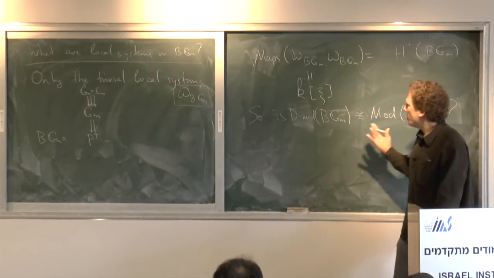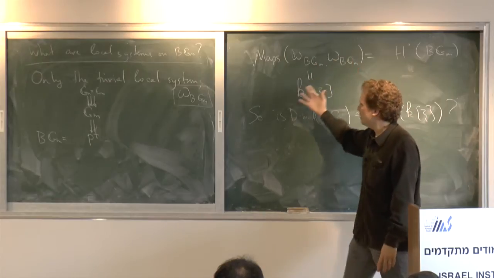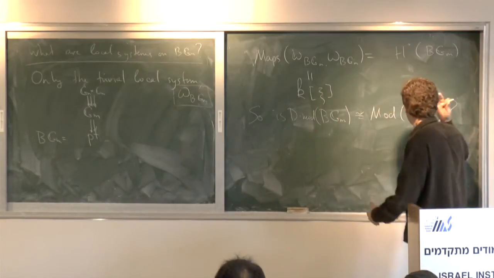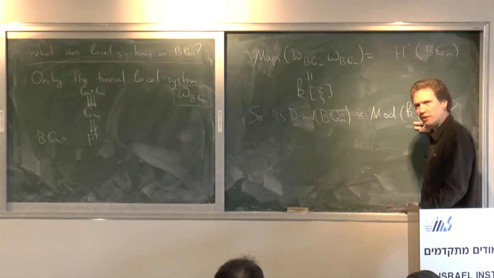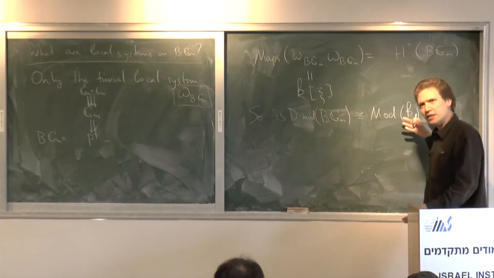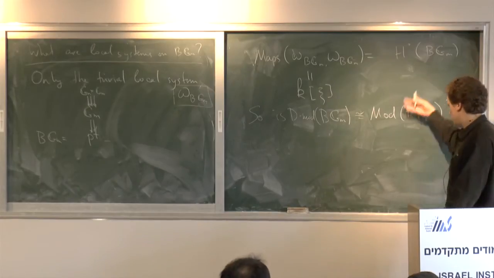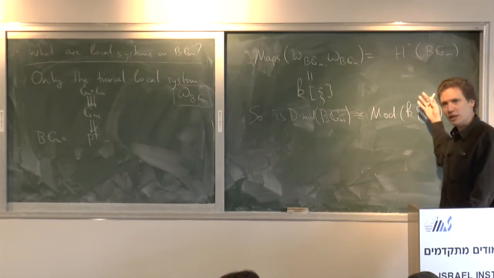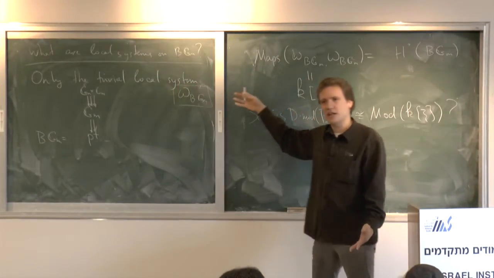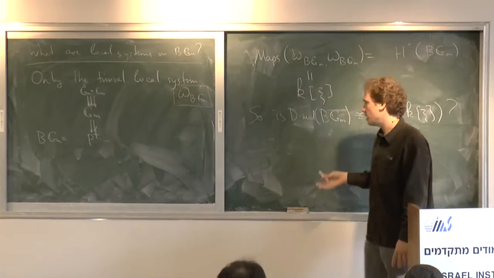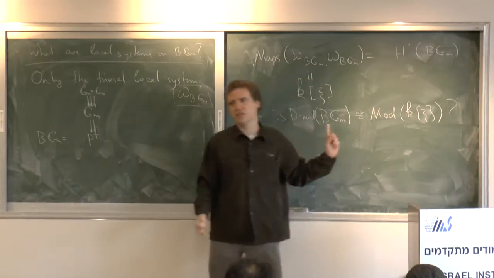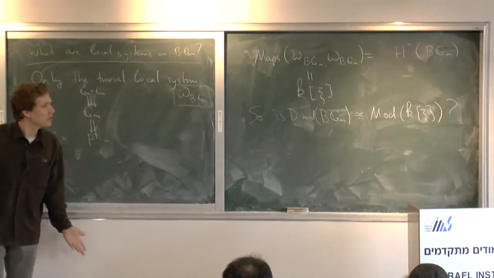When you start taking extensions of this guy, it's supposed to look exactly like taking extensions of the free module on the right-hand side. On the right-hand side, the free module is a perfect module, and they generate the whole thing. On the left-hand side, we also know that there is essentially nothing else, so everything is an extension of this guy. So naively you would expect such an equivalence, but it fails.